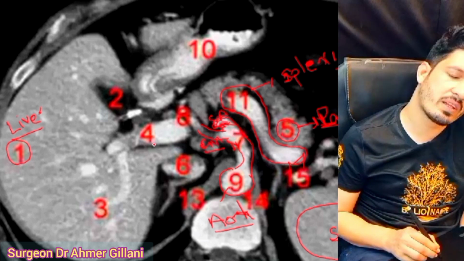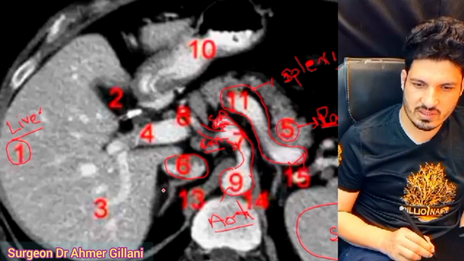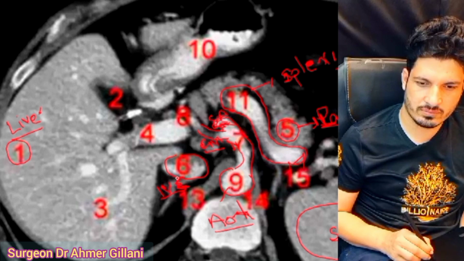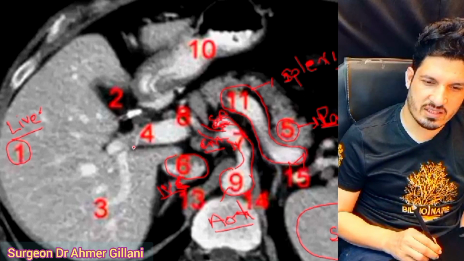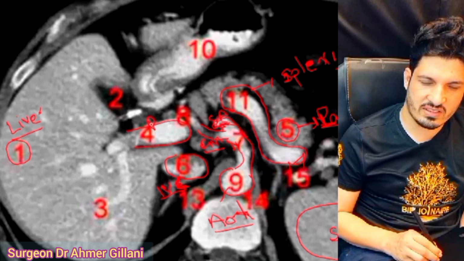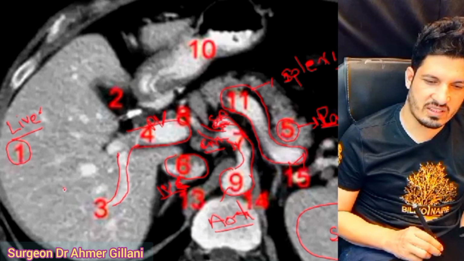Okay. And structure number 6, this is IVC. Okay. And structure number 4, this is the portal vein. And now here, this is the right branch of the portal vein.